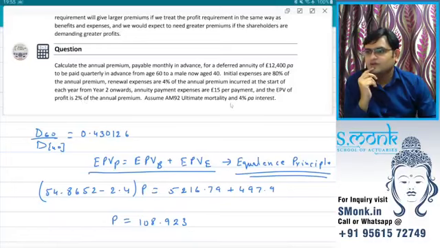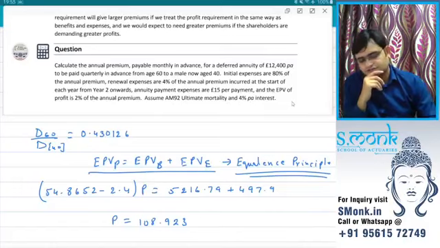And the expected present value of profit is 2% of the annual premium. Assume AM92 ultimate mortality and 4% per annum interest.